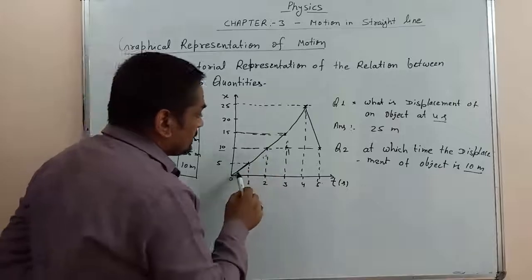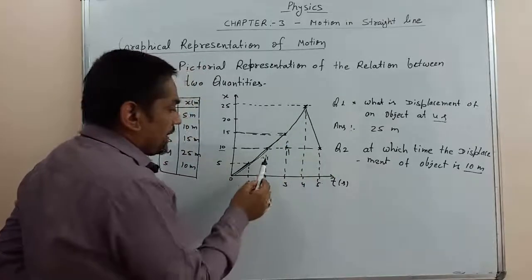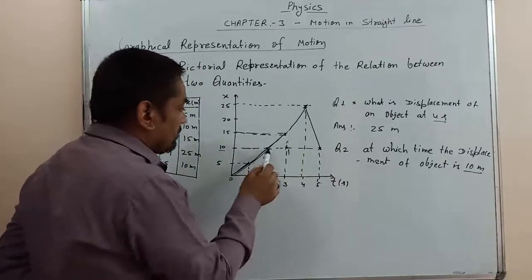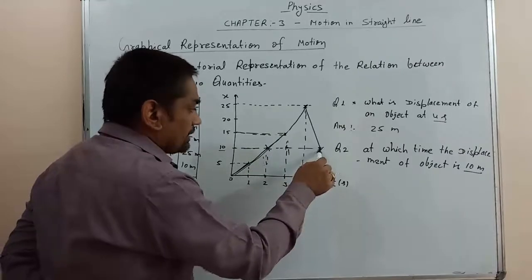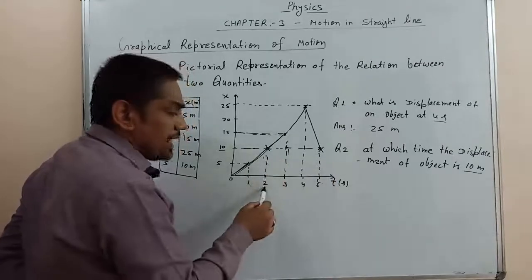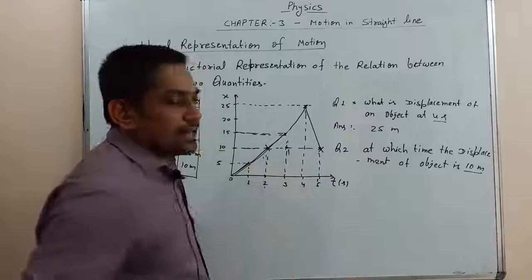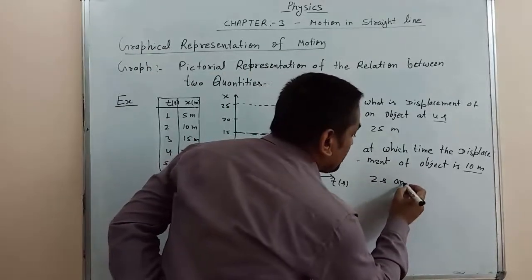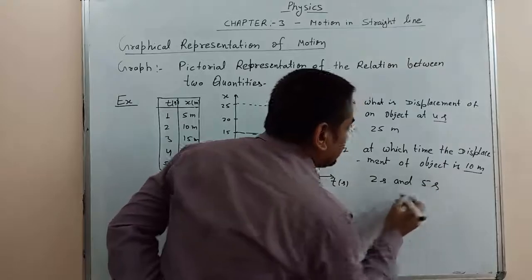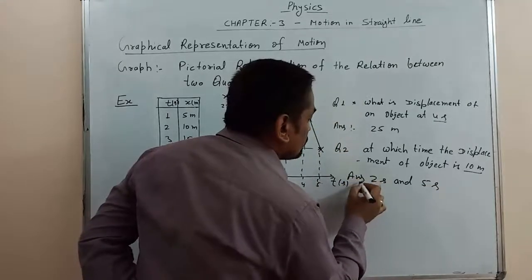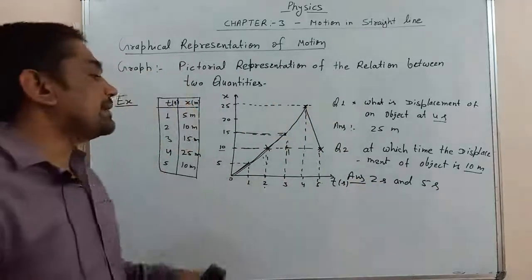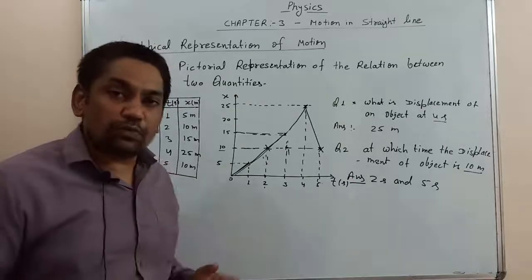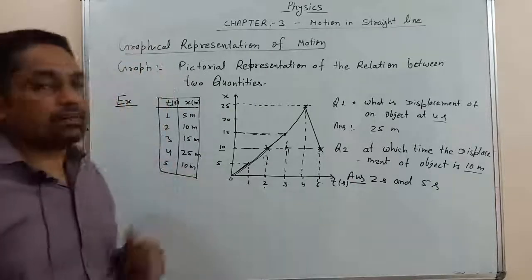So on the graph, at 2 seconds and at 5 seconds. So the answer is, at 2 seconds and 5 seconds the displacement of the object is 10 meters.